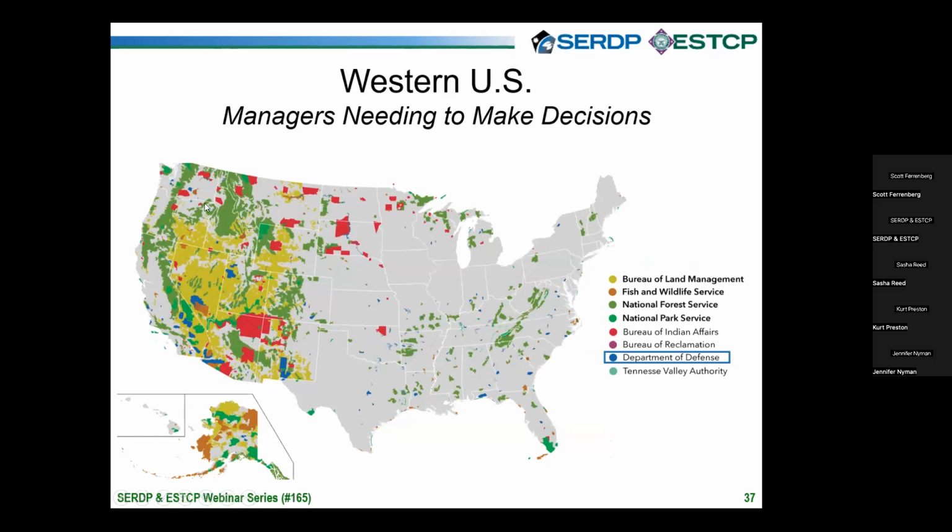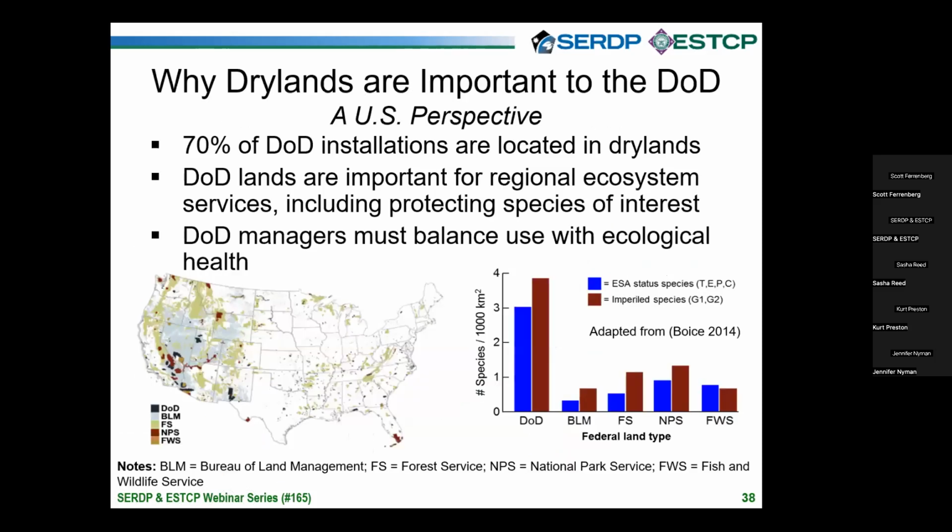And we have a lot of managers who need and are asking for information like this in the Western US, where we have huge public land, extensive categories, including Department of Defense installations here. These are dryland ecosystems. These are systems that are experiencing significant change, and that we need better tools and better knowledge to be able to inform how we manage these systems into the future.